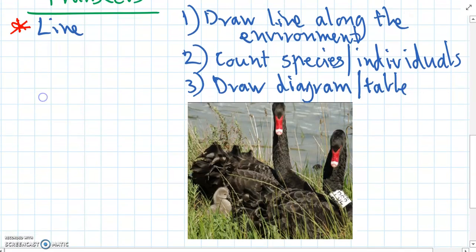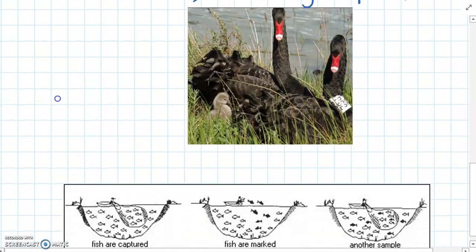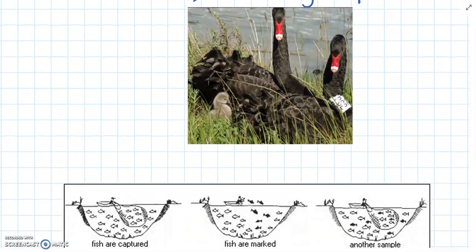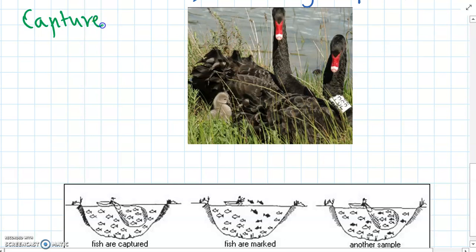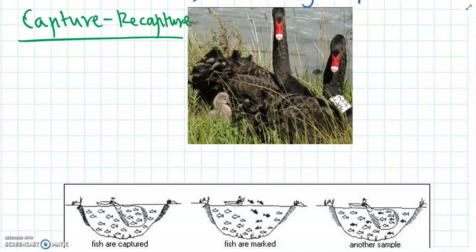The next method is called capture-recapture. So this is the one that's good for animals mostly that can move around. So this method means that scientists actually have to catch the animals, and they use the most friendly methods they can.